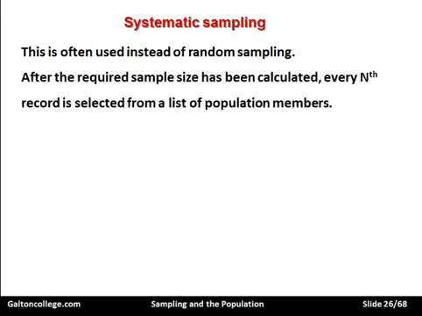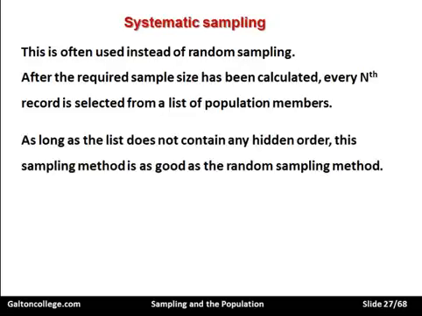It's cheaper to do. It's quite straightforward. But of course, the figures that we calculate may not accurately represent the true population. There may be significant bias or significant error in the calculations.